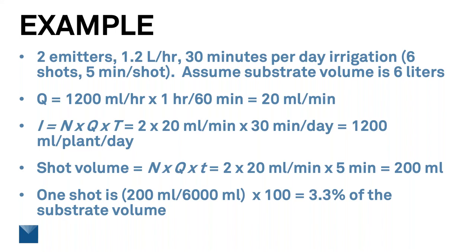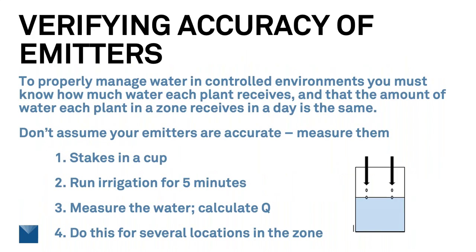Now, if your irrigation is not uniform, your crop production will not be uniform, and you'll waste water and nutrients and production potential. So you need to assure that the emitters are accurate and that the water application is uniform. And to do that, you need to check the output from a representative sample of drippers.